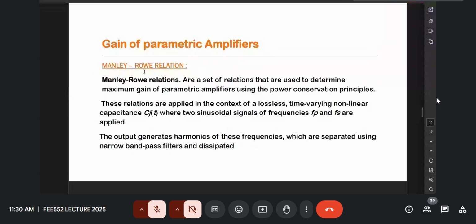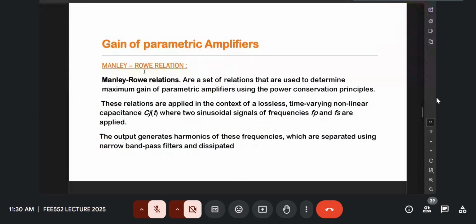So we have what we call the Manley-Rowe relation, which is used to get the maximum gain out of the parametric amplifiers. So there are a set of relations that are used to determine the maximum gain of a parametric amplifier using power conservation principles.